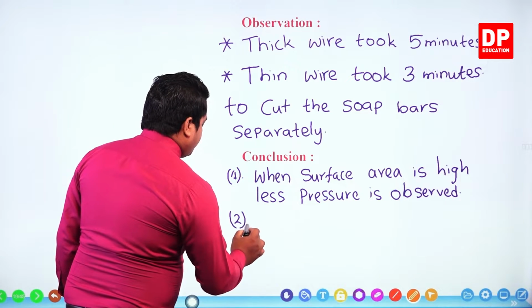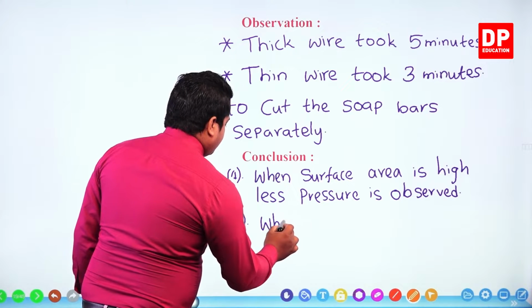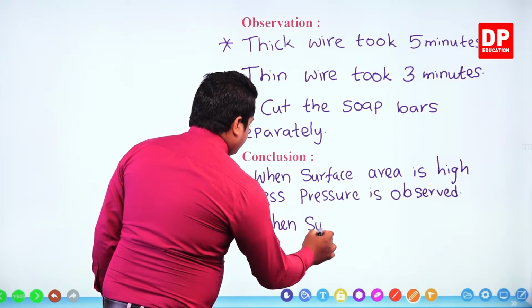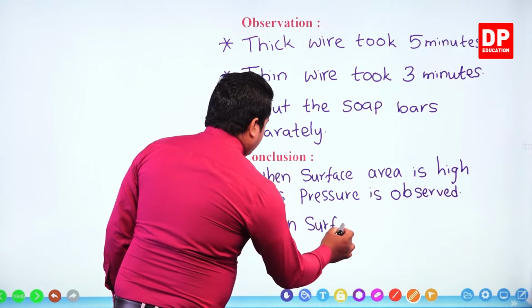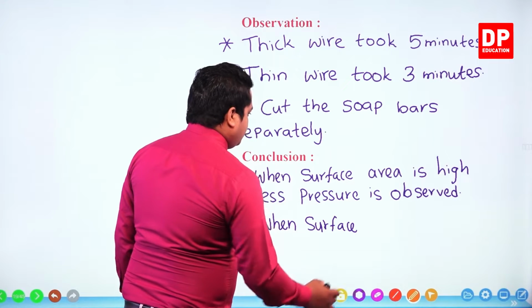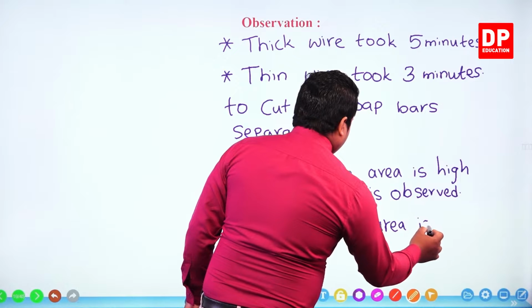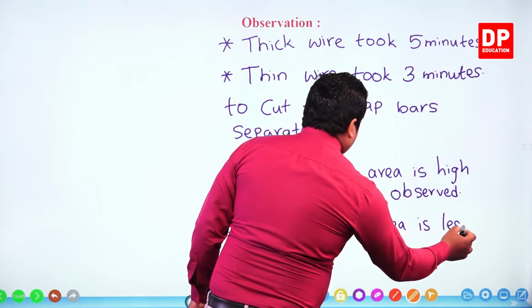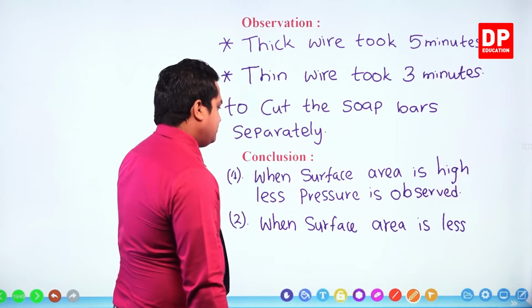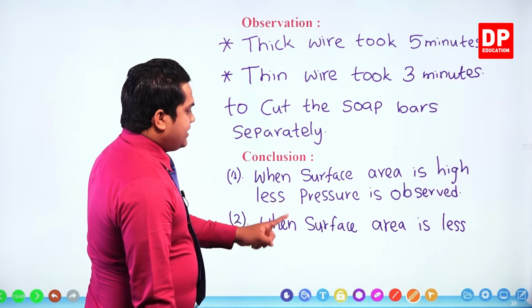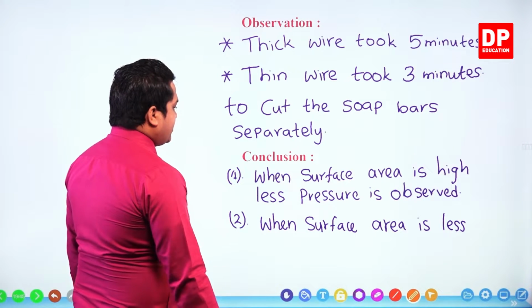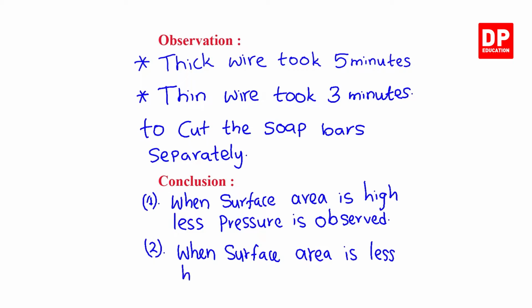Then number 2, when surface area is less, high pressure is observed.